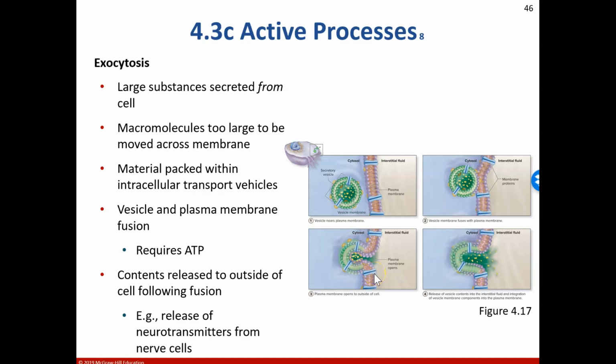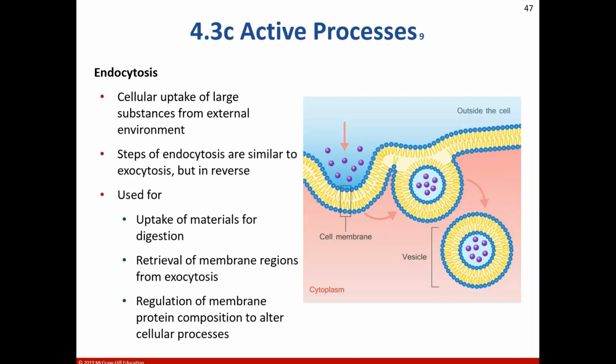We need ATP in order for this process to take place, and the contents inside that vesicle will then be released to the outside of the cell following that fusion that took place. An example of this would be when we release neurotransmitters from our nerve cells.